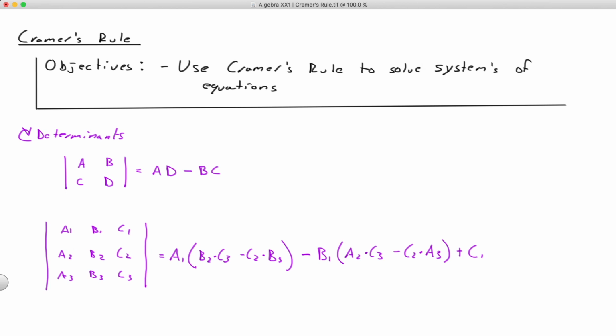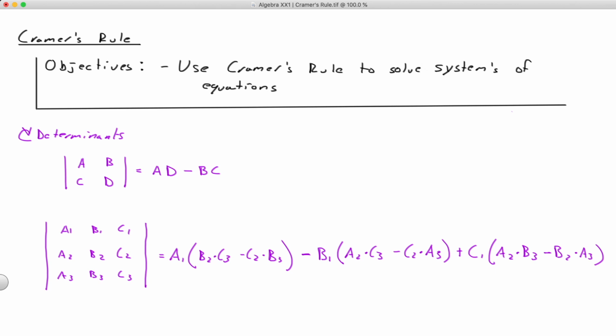We have four values remaining here, and their determinant would be A2 times B3 minus B2 times A3.